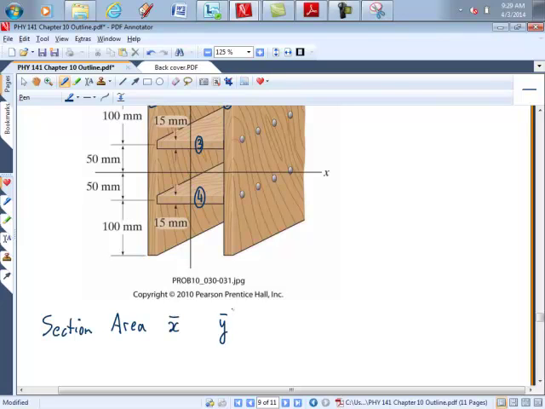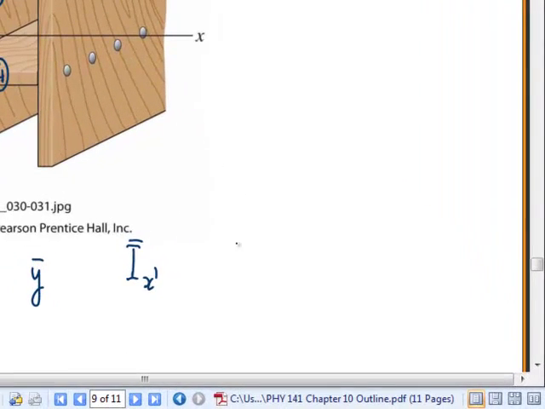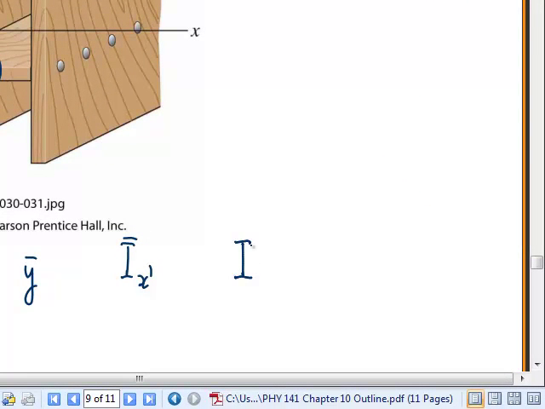We're going to calculate the moment of inertia of the shape about its own centroid, so I bar x prime, I bar y prime. And then we're going to apply the parallel axis theorem to find Ix and Iy.